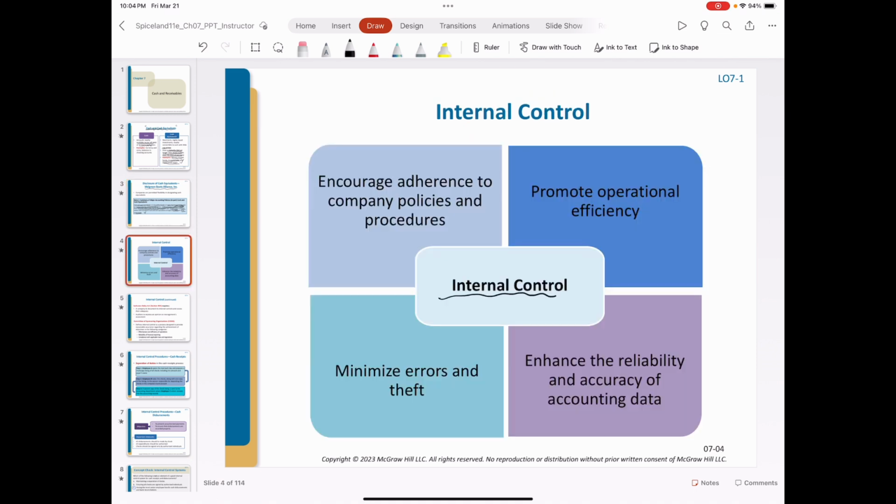Internal control is very important for corporate financial reporting, operations, and compliance. Internal control is a series of procedures or mechanisms that encourage the company's compliance with policies and regulations, also improve the company's operating efficiency, minimize errors and theft, and enhance the reliability and accuracy of financial information.